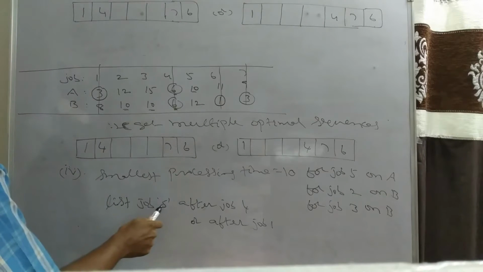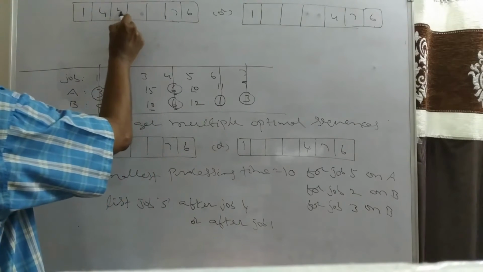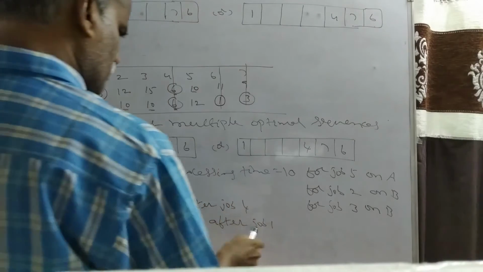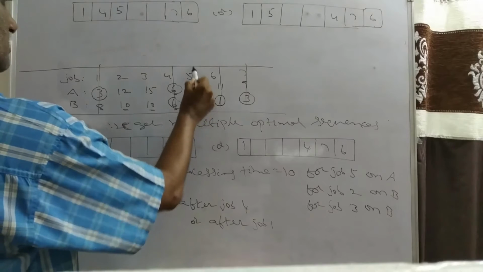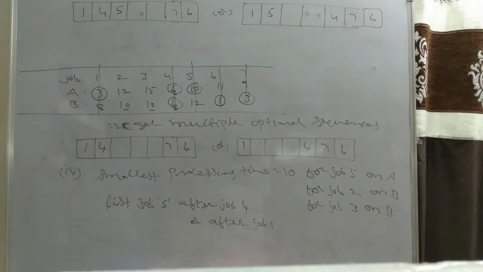Right now, list job 5 after 4. This is, or after job 1. Okay, so now cross off job 5.